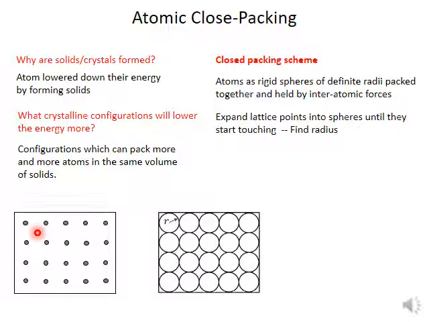By this you can find the radius of the hard sphere of an atom, and twice the radius would represent the equilibrium distance between two atoms when they form a solid.